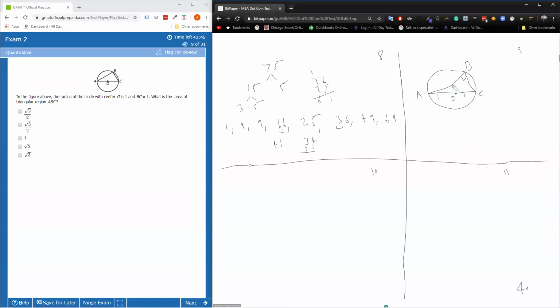That makes it a right triangle. What is the area of the triangular region? So now I know it's a 30 because this is 1 and then the hypotenuse is 2, so it's a 30, 60, 90 triangle. So it's in this proportion of the sides. So the area is 1/2 times 1 times root 3 over 2.